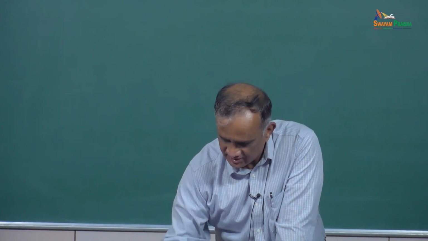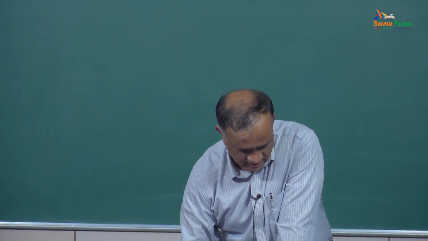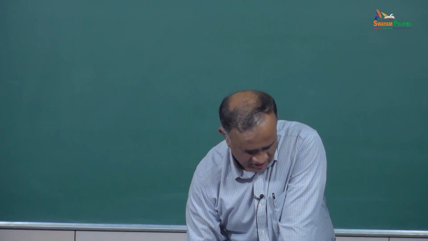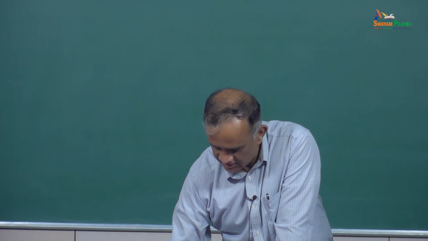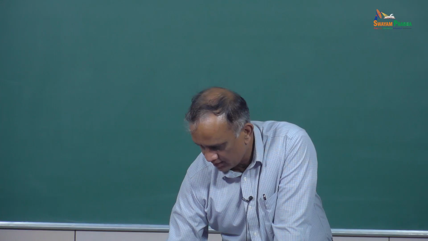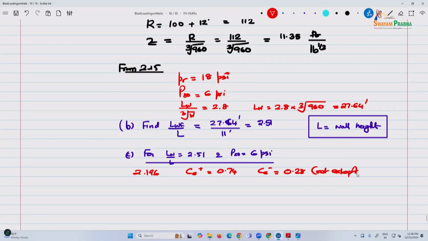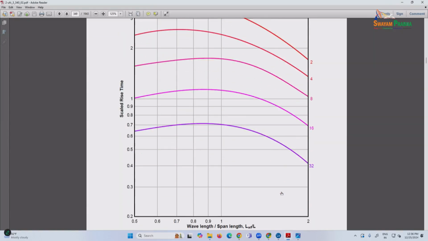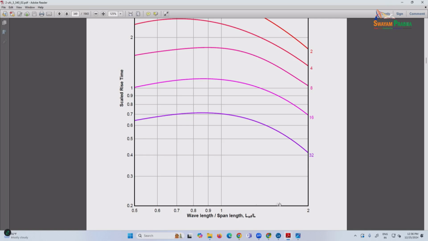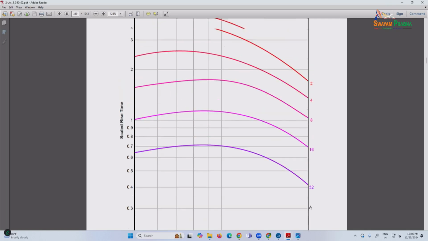So, let's say in this case, from 2-196, CE plus is 0.74, CE minus is 0.28, again not extrapolated. And from 2-197, TD by cube root of W is, for this is 2.5, so it's way beyond.